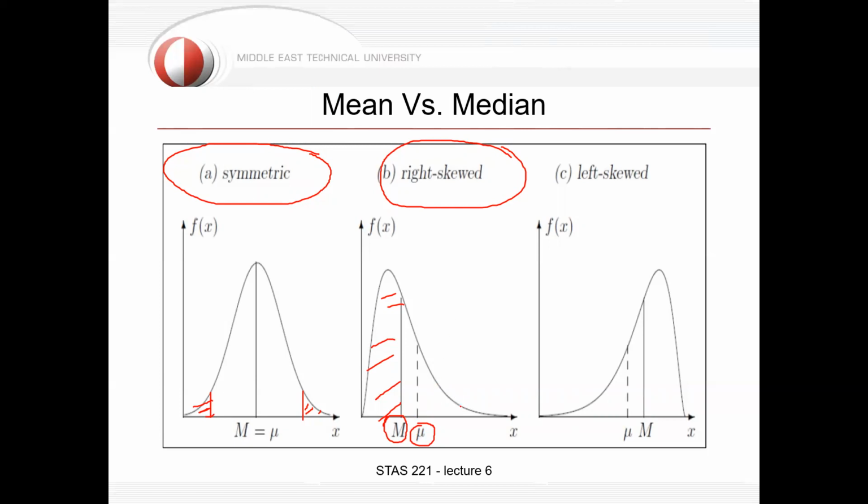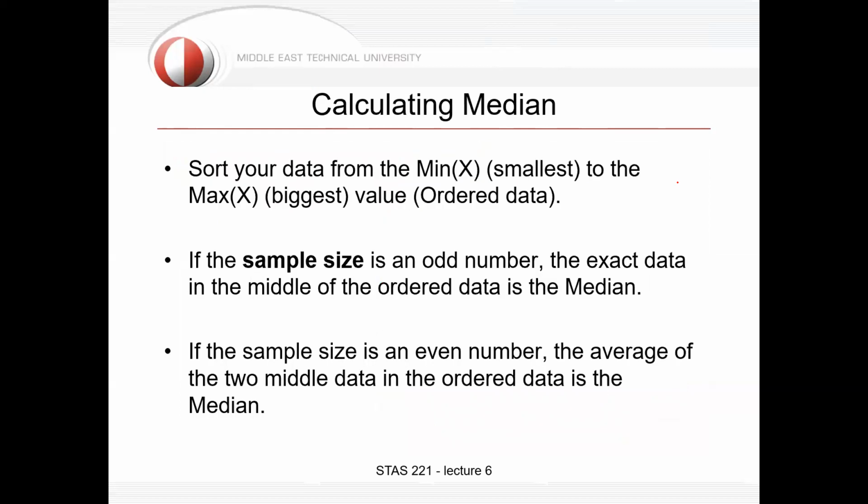Maybe we have some outliers here, and because of them, the mean of a population is bigger than the median. So it is skewed to the right. Or in the vice versa case, you can have skewed to the left. So that's why it's very important to know the information of both of them.